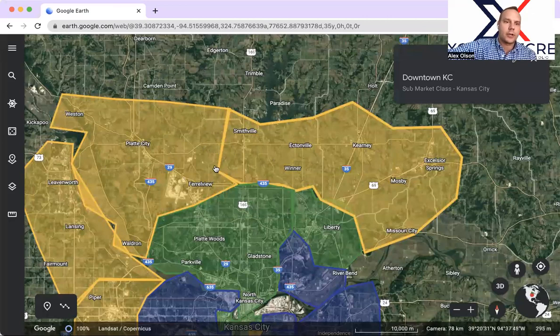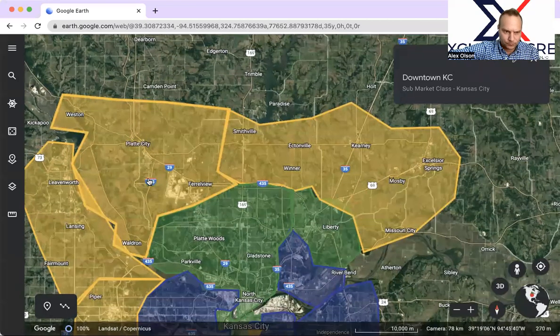However, we all know a $2 billion airport is going live here next year. So it's very popular with both residents and investors in this area, even though it is more of a B working class market, but not really a C submarket.